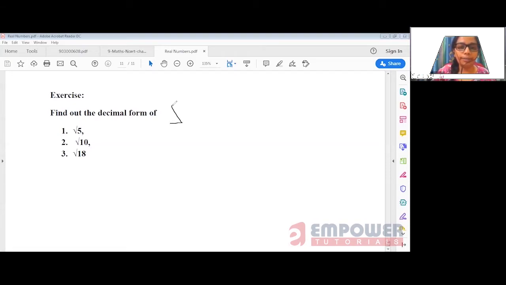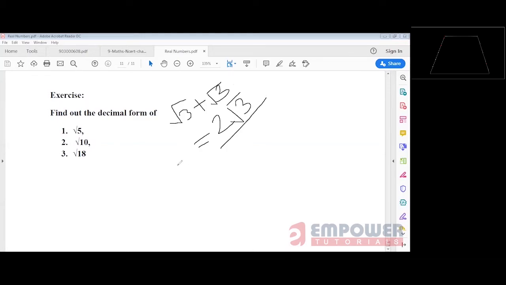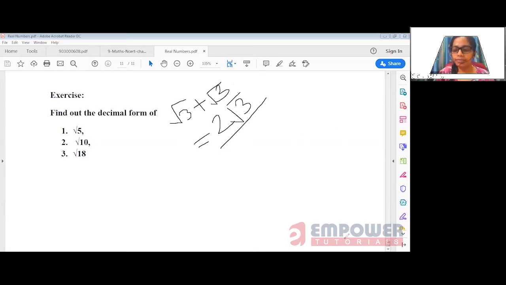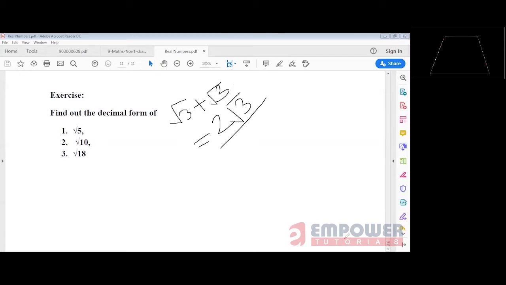If you are adding two irrational numbers, let's suppose like this, is this number a rational number or an irrational number? Just tell me. Will it be rational or irrational? Irrational. Why irrational? It cannot be represented in the form of p by q.